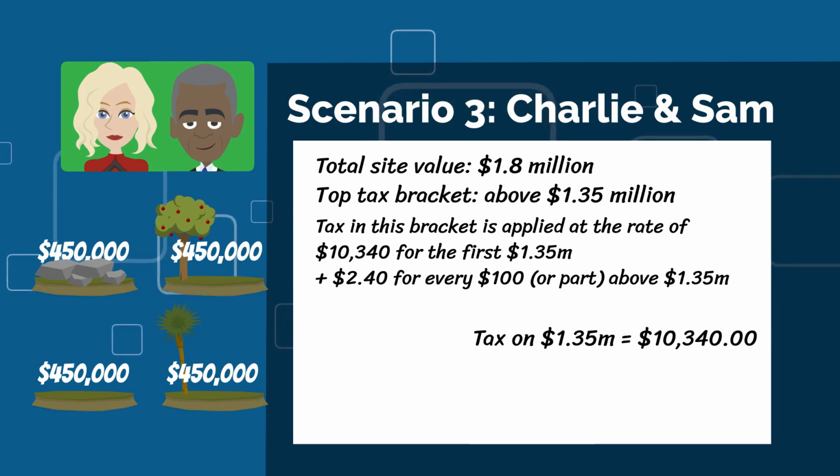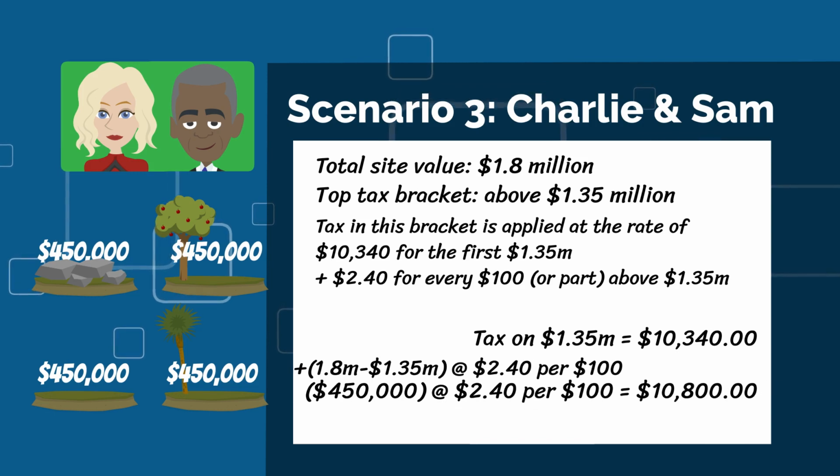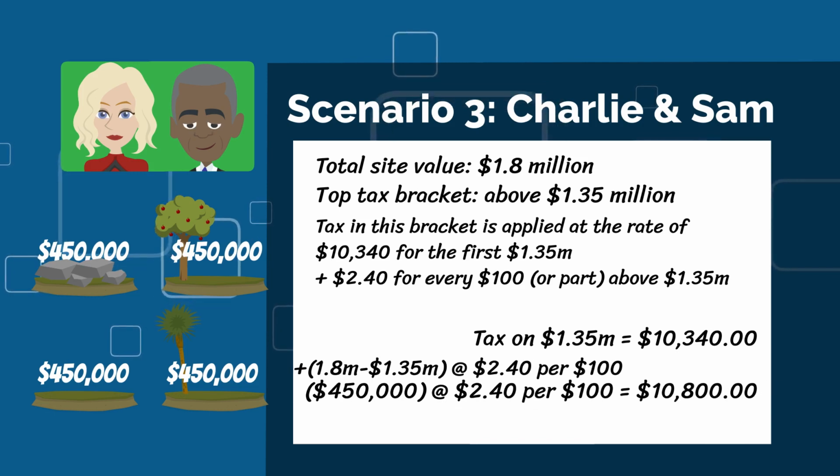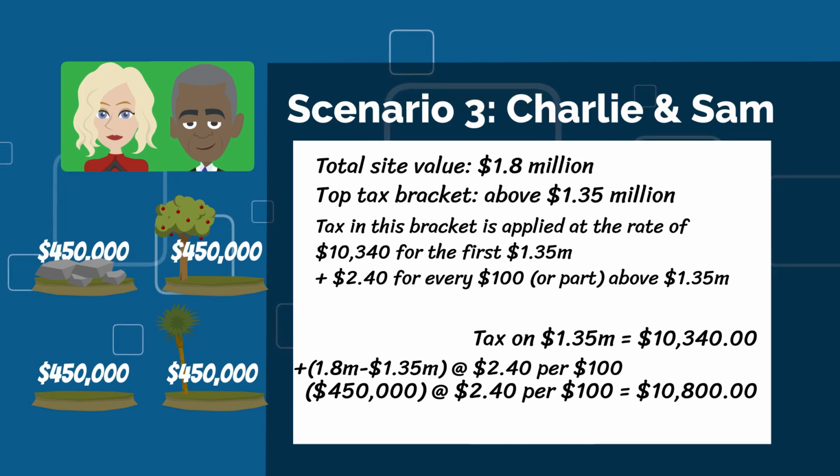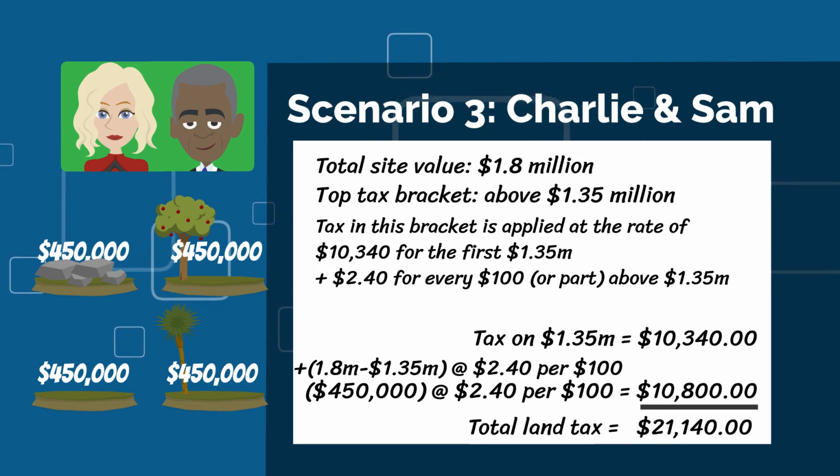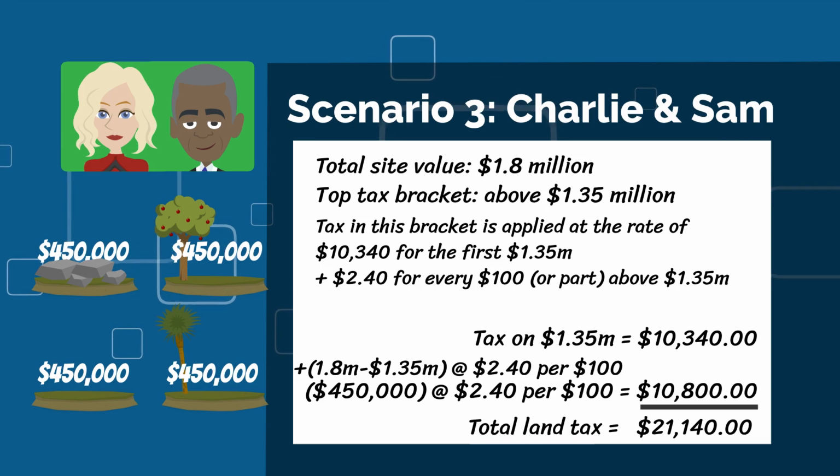Land tax on the difference between $1.35 million and the total site value, which in this scenario is $450,000, is calculated at $2.40 per $100, equaling $10,800. These two amounts are added together and the land tax payable in this scenario is $21,140.